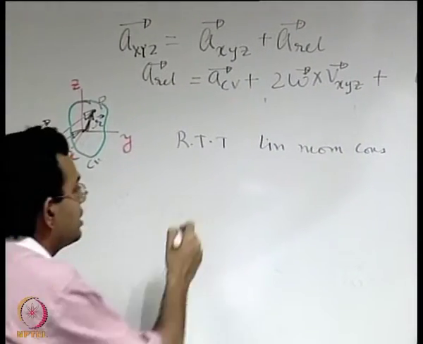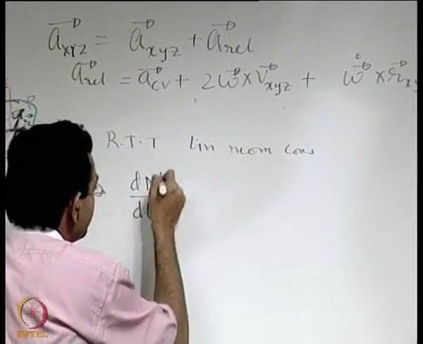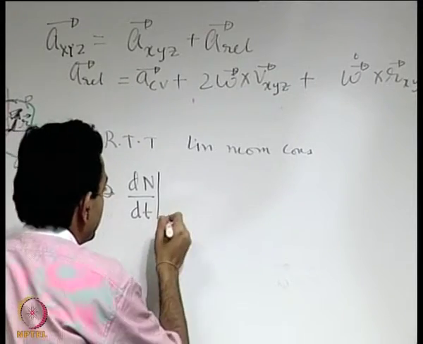So, let us first write the general theorem, dN dt system.